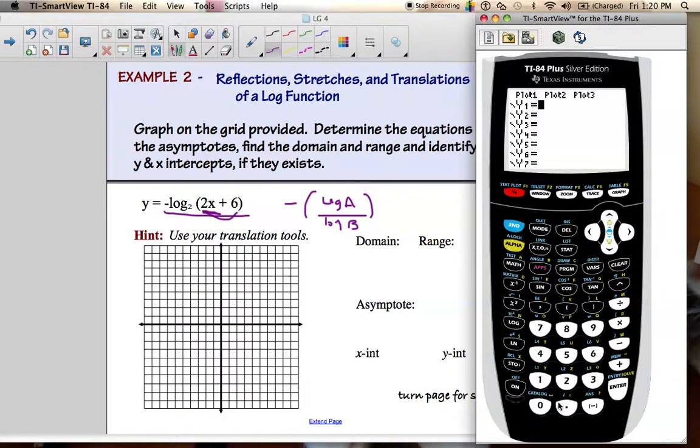So we can put the negative, and now we go bracket, and we type in log, and we have the argument, which is 2x plus 6. All right.